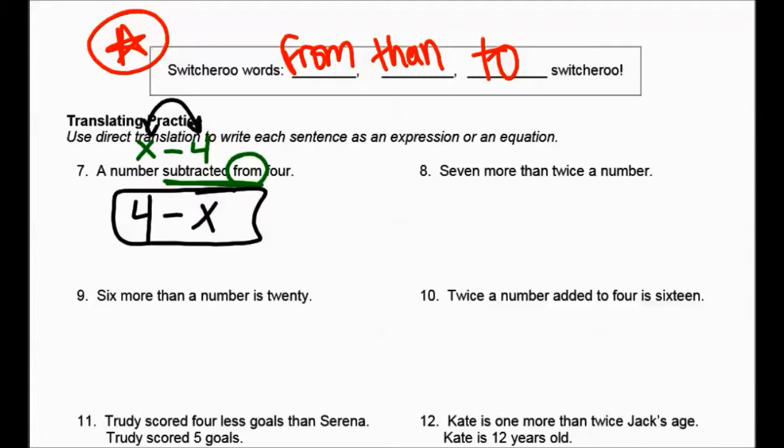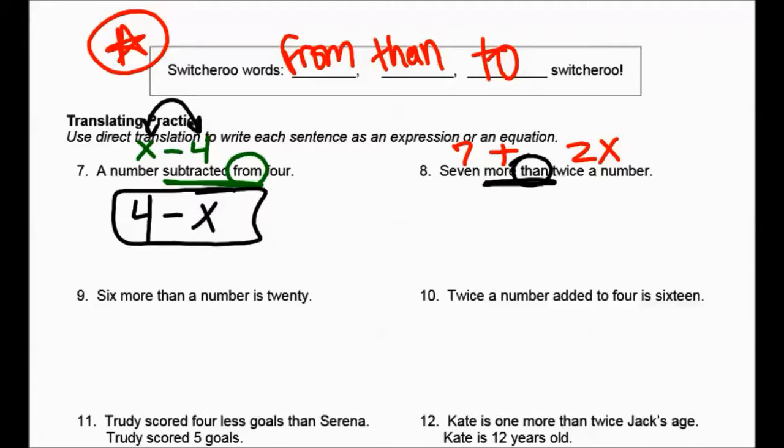Okay, so the next one, 7 more than twice a number. So again, with switcheroo words, I tend to write it out first. So this would be 7 more, twice a number would look like that, 2x. It's 2 times x, but it's really 2x. Now, 7 more than twice a number.